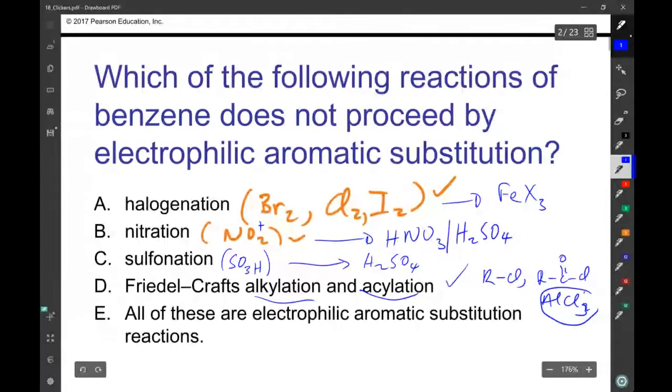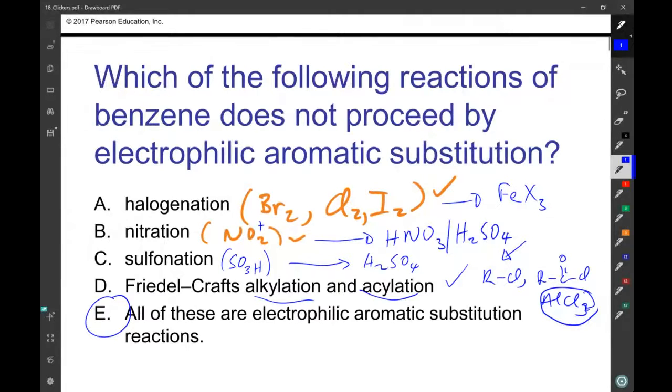In this reaction, we said you need to be careful when doing the alkylation because your carbocation can rearrange. All of these reactions are examples of electrophilic aromatic substitution. Does that make sense? So this question is basically a summary of what we've discussed today.